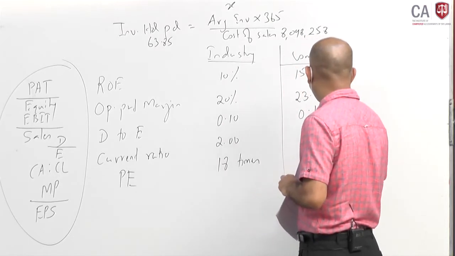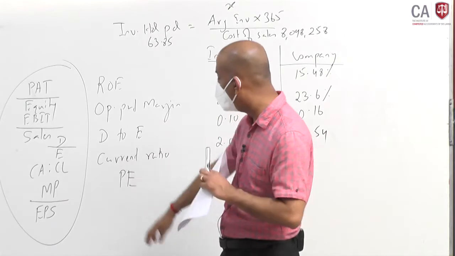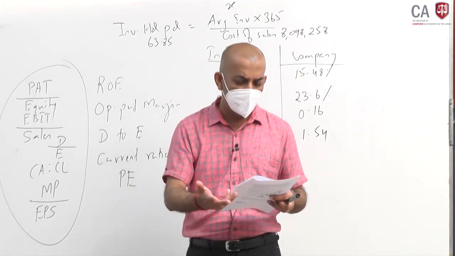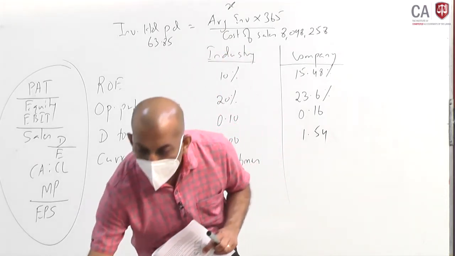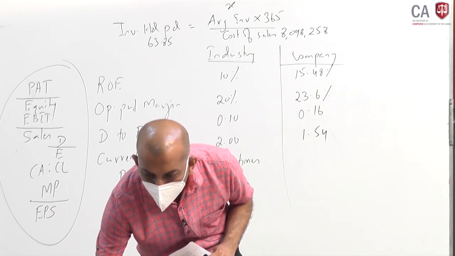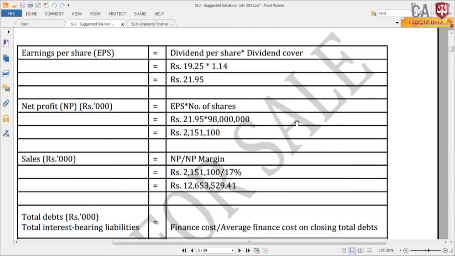Then the PE ratio, where you need the market price and earnings per share. Earnings per share we already got, right? We calculated it earlier at the beginning, I think the first one. Earnings per share is 21.95, and the market price is 660.